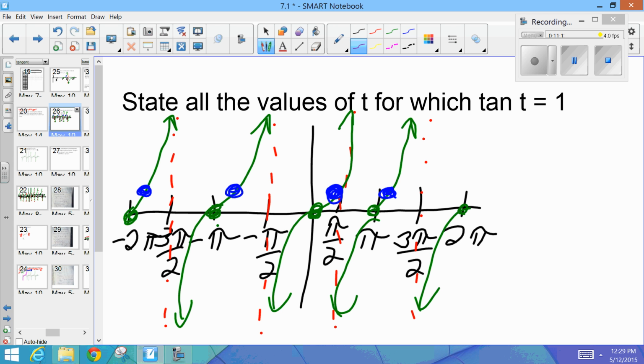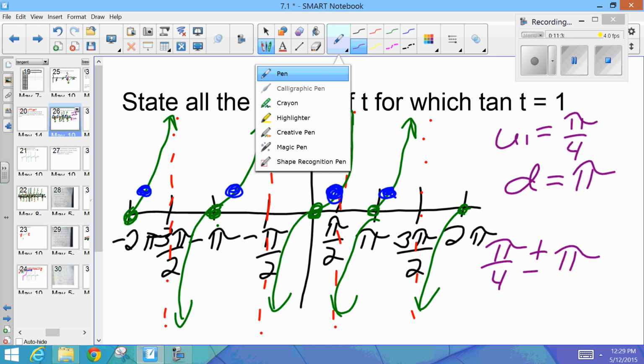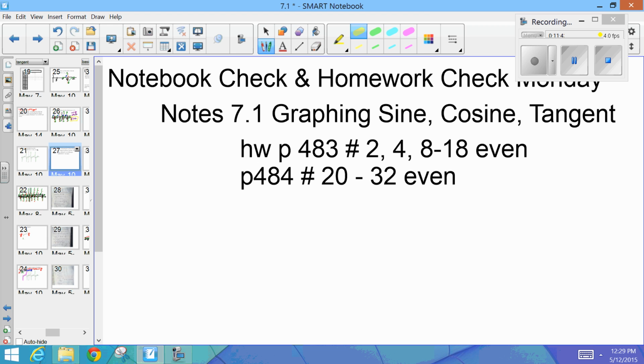And then it happens every pi. So if I'm writing an arithmetic sequence, the common difference is pi. All right, so here's my answer: pi over 4 plus or minus pi. That is all of the values for which tangent equals 1. All right, that's it.